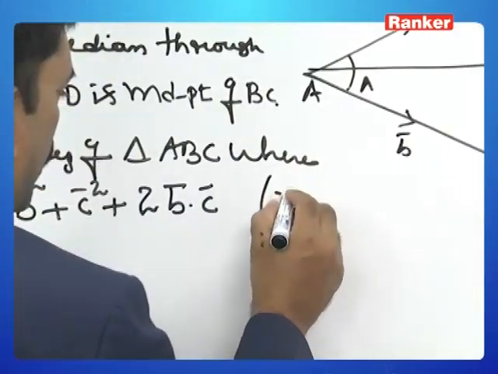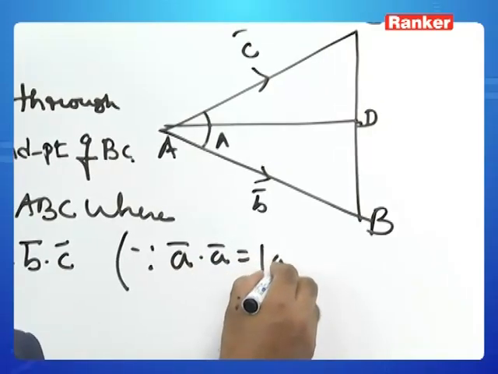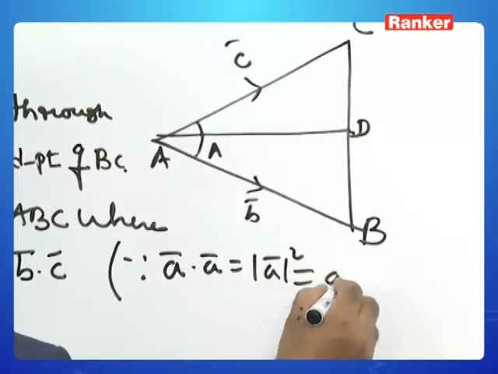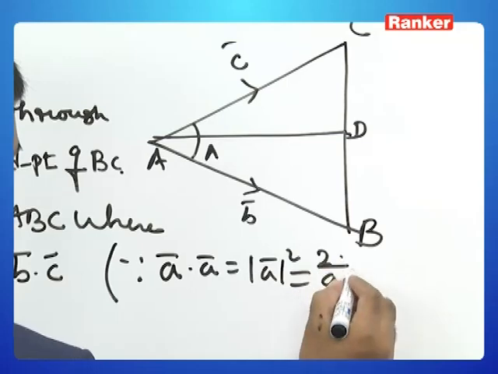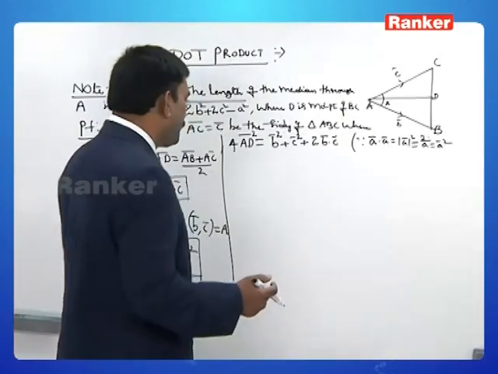Since A bar dot A bar is equal to mod A whole square, which is A square, or A bar square, as you please.